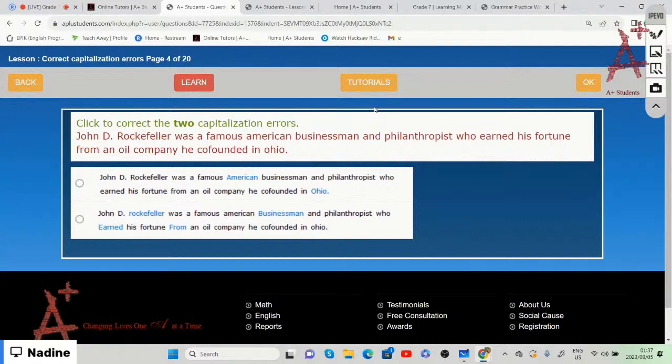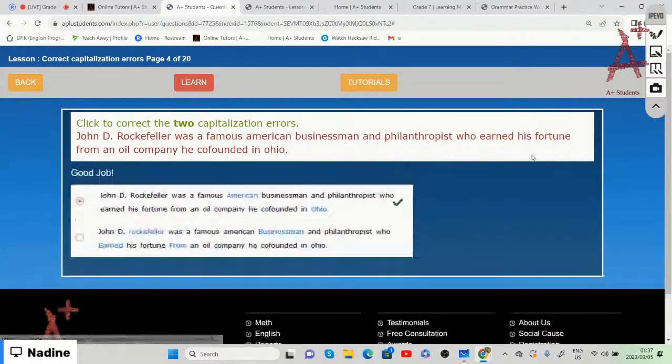Or option two, where we write Rockefeller lowercase, businessman capital letter, earned capital letter, from capital letter. And if we select the correct capitalization error, then we capitalize American and we capitalize Ohio.